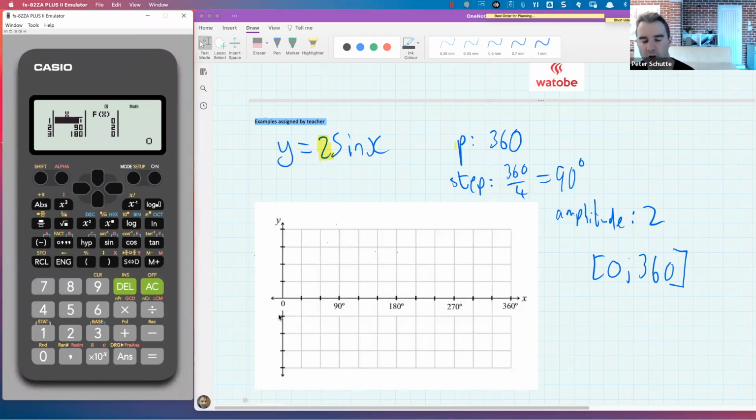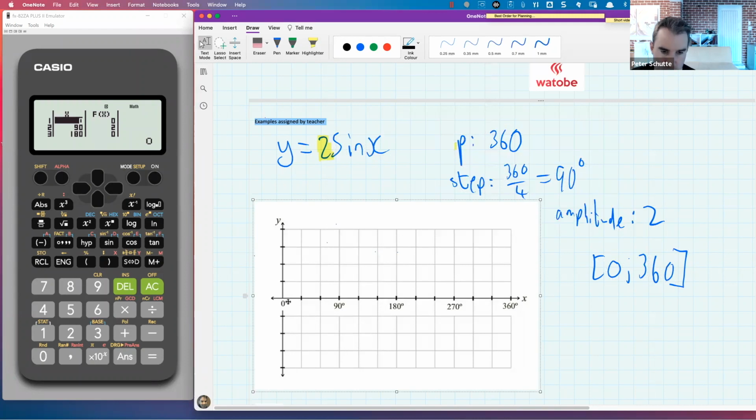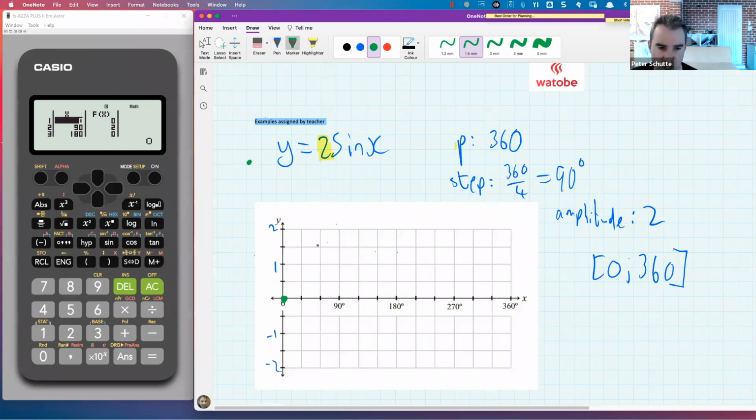Now, a lot of you would be able to draw this graph out of memory, and that's not a problem. You might know that the sine graph always starts at 0. But if you're unsure, or you're under stress in the exam, this gives you a handy way to make sure that you're on the right track, or just to check.